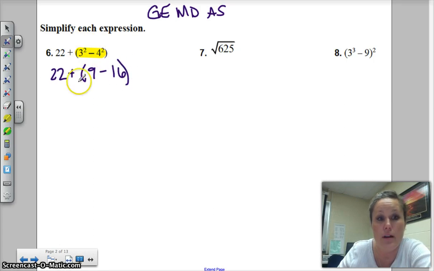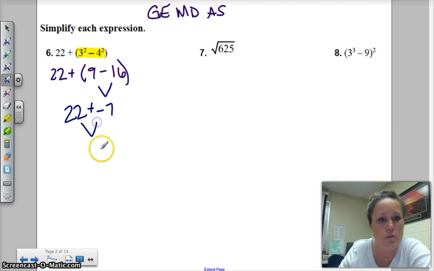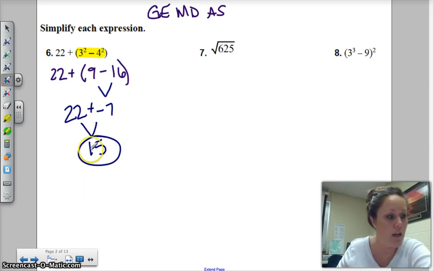All right, now I still have something in the grouping symbol to do. 9 minus 16 is, what is that, negative 7? Is that right? Negative 7? And then this would be 22 plus negative 7. 22 plus negative 7 is 15. Cool, and I got it right, good.